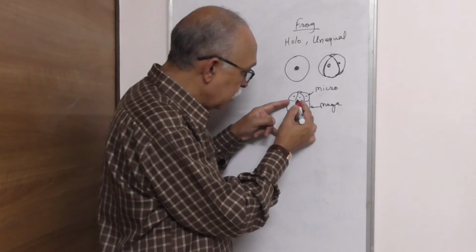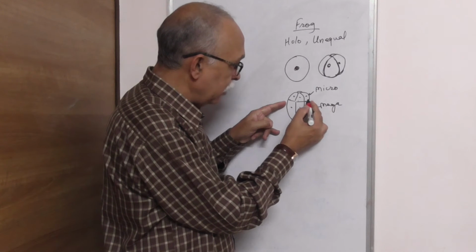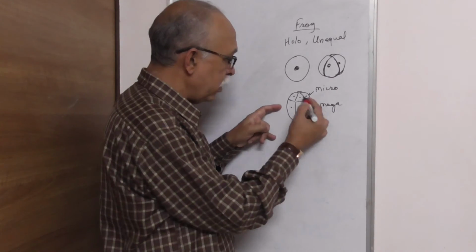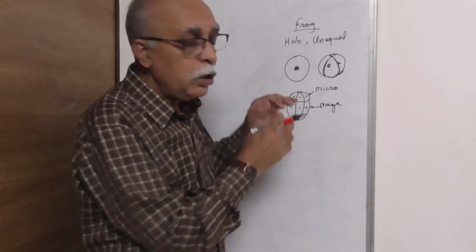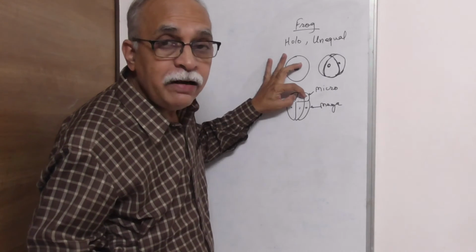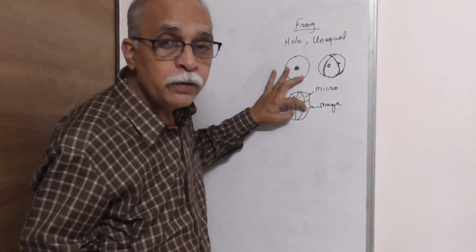And hence in the third cleavage, the faster dividing furrow stays in the upper half and the slower dividing furrow remains in the lower half. So these cells continue to divide a little faster, these cells take a little longer to divide.